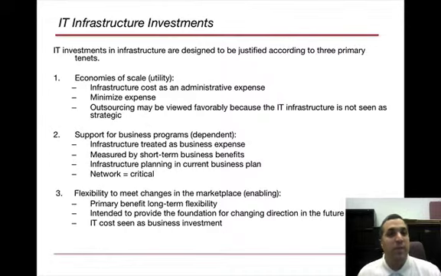We saw this with some of the companies that had actual problems during Hurricane Sandy. Infrastructure also needs the ability to meet changes in the marketplace. They want to be able to adapt quickly, so they make investments to ensure they can adapt as quickly as possible, which means we have extra bandwidth, or we have storage that can be used by multiple services, applications, or machines.